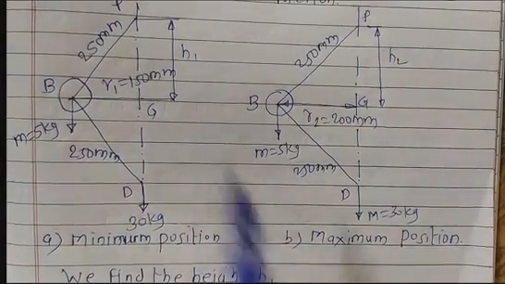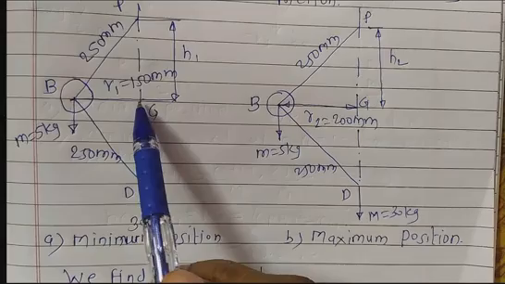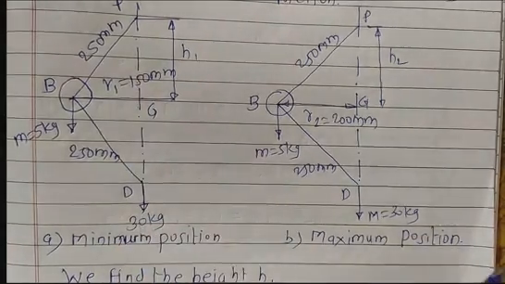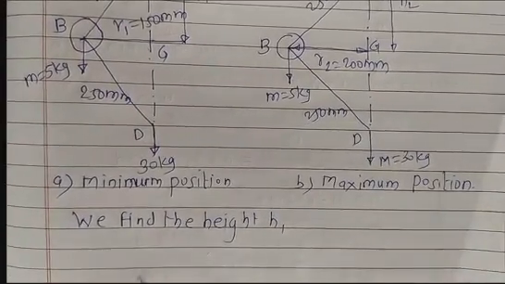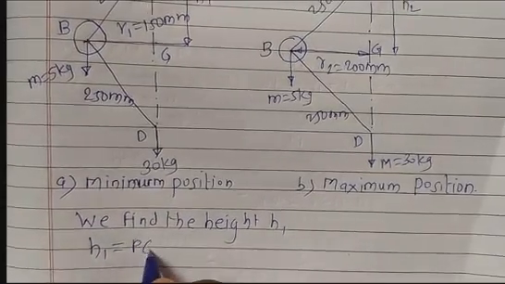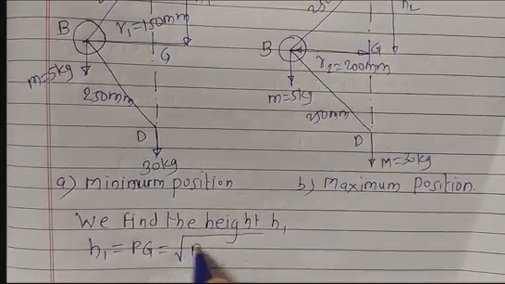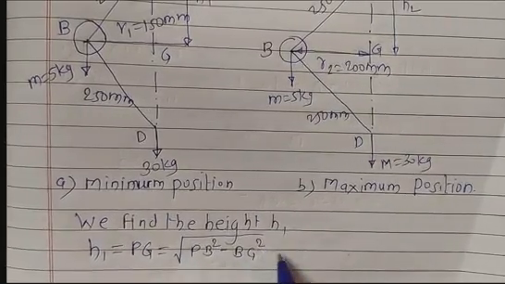Now from this triangle PBG we can get the value for this PG by using Pythagoras theorem. h1 equals PG equals square root of PB square minus BG square.